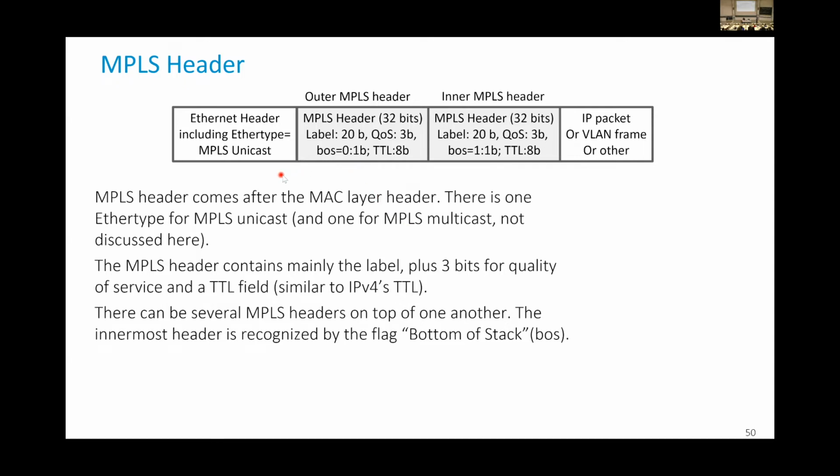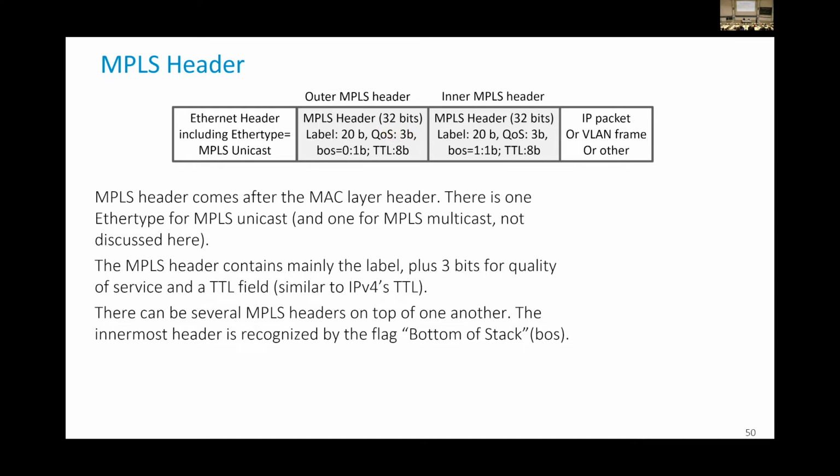In terms of header, if we do a Wireshark, we will see that the MPLS label is carried immediately after the Ethernet header. And if there is an IP packet, it is carried inside the MPLS packet. Although the MPLS header is very minimal, it contains primarily the label, and some information for quality of service.